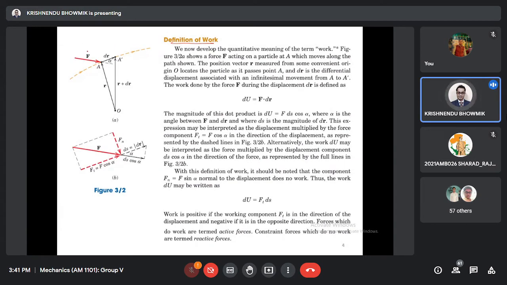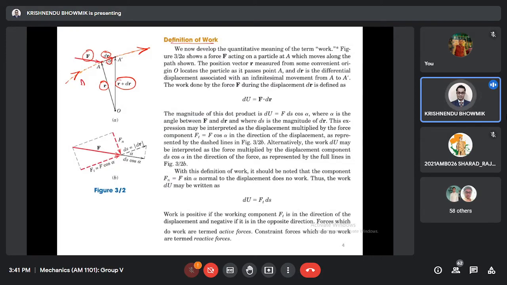Now, the definition of work, you know from before also. Some force is acting on the particle. Due to this force, the particle will move along this direction, and this is the position vector r plus dr. dr is the displacement, and it is making some angle alpha.